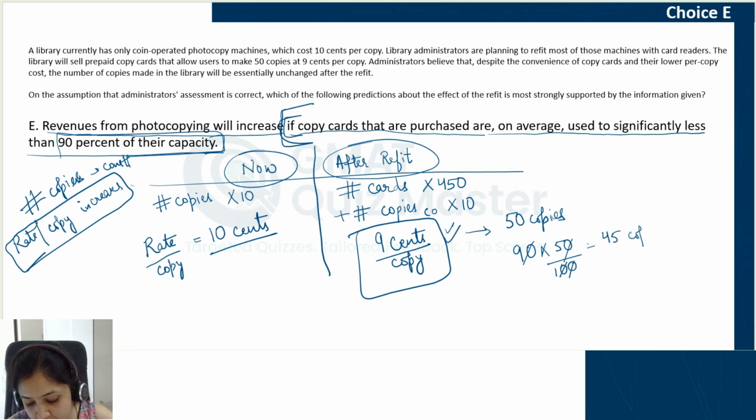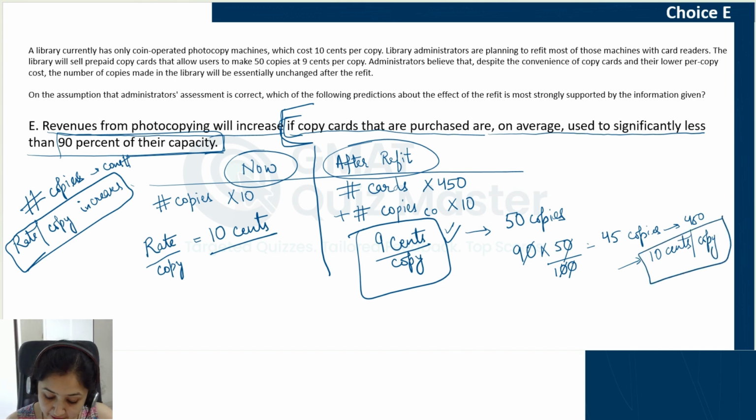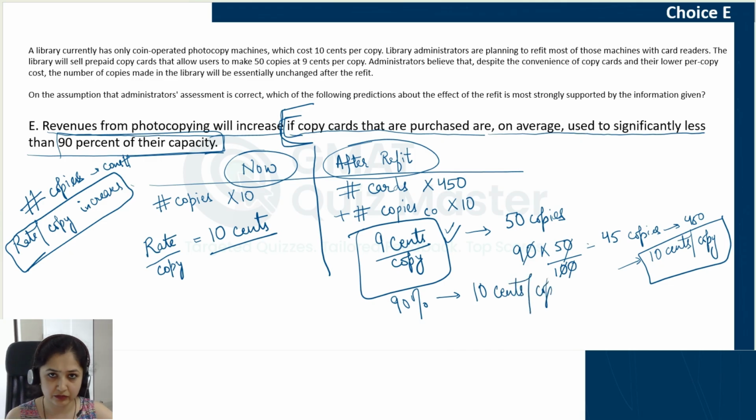They are taking 45 copies for 450 cents, which turns out to be 10 cents per copy. So, as long as people are utilizing the card to exactly 90% of its capacity, they are paying 10 cents per copy, in which case the revenue should remain the same.